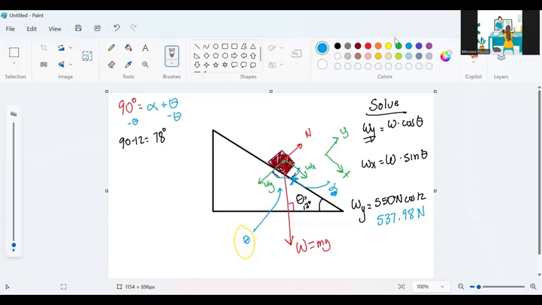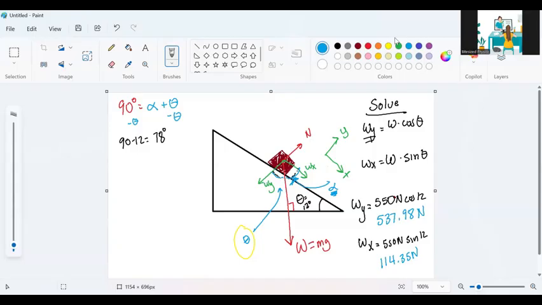Next is the x component of the weight, which is 550 newtons times sine of 12, which will get you 114.35 newtons.